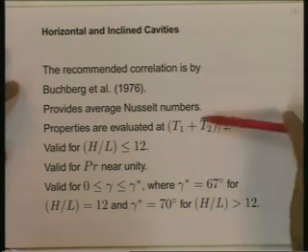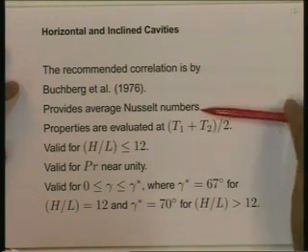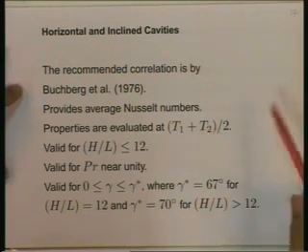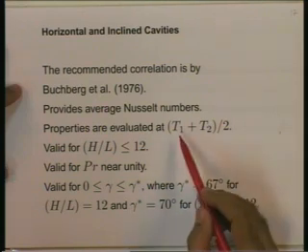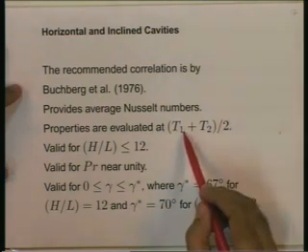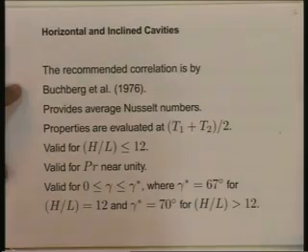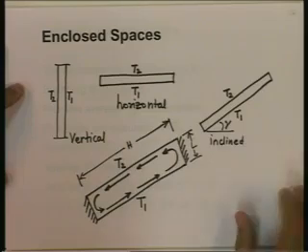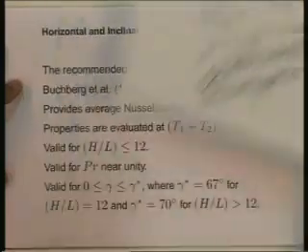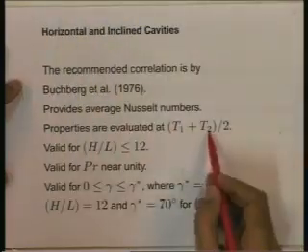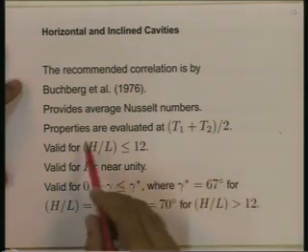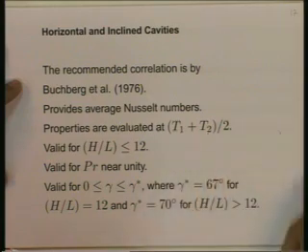It provides average Nusselt numbers. Properties are evaluated at T1 plus T2 by 2, where T1 is the hot surface, usually expected to be below the cooler surface, and T2 is the temperature of the cooler surface. So, the temperature difference delta T will be T1 minus T2. Properties are to be evaluated at T1 plus T2 by 2.